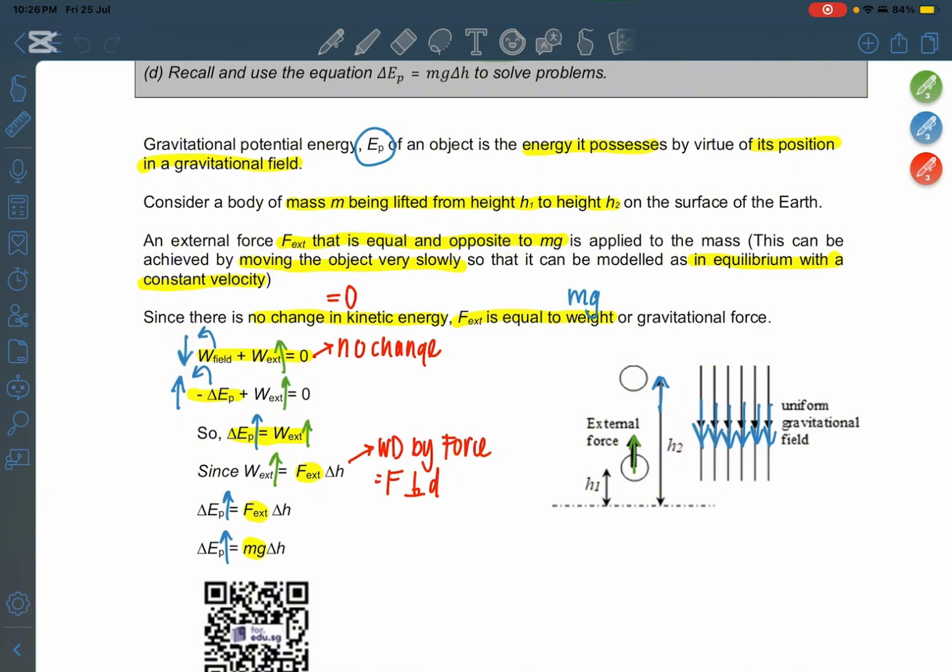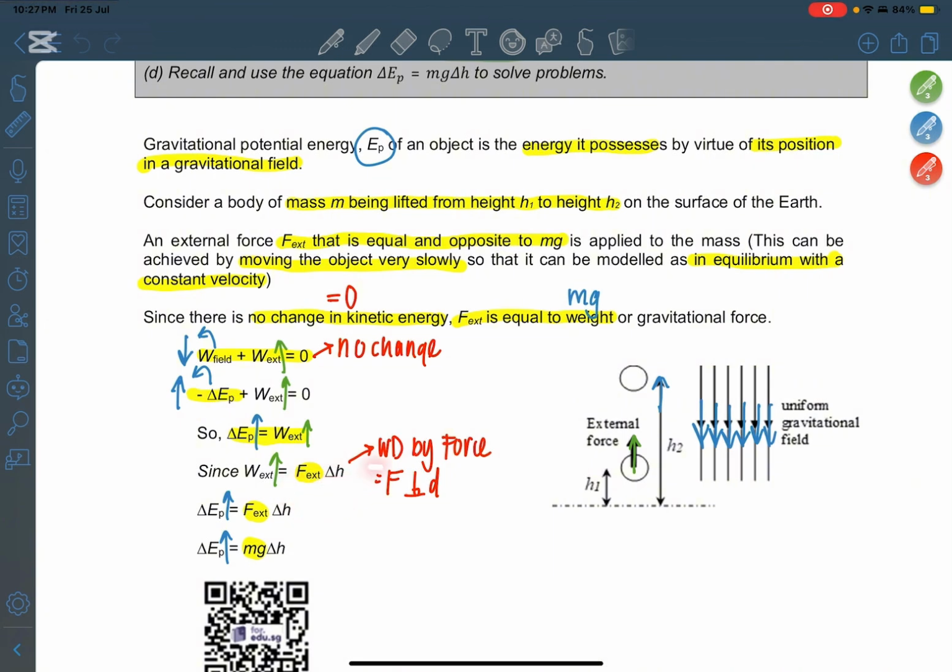So if you put in the values, it's the negative change in GPE plus the work done by the external force equals 0. Let's rearrange them so that they look like this. The work done by the external force is the external force times change in h.